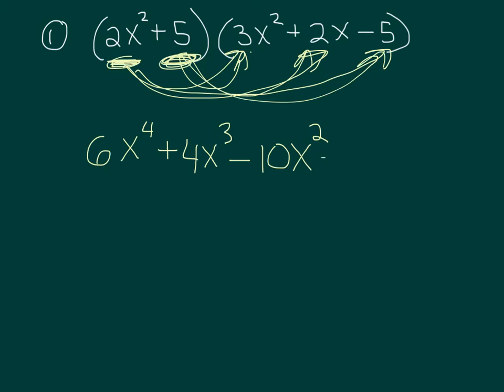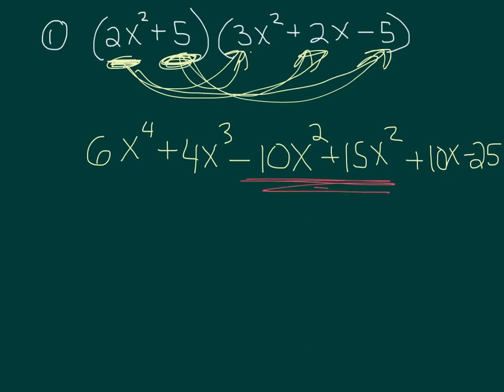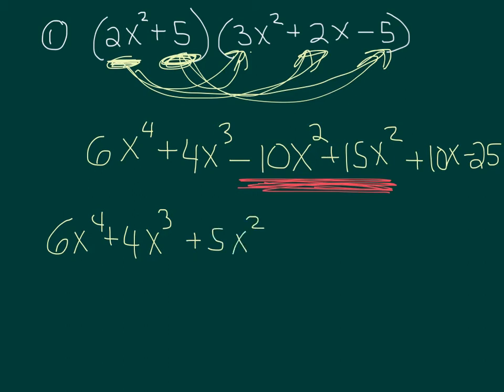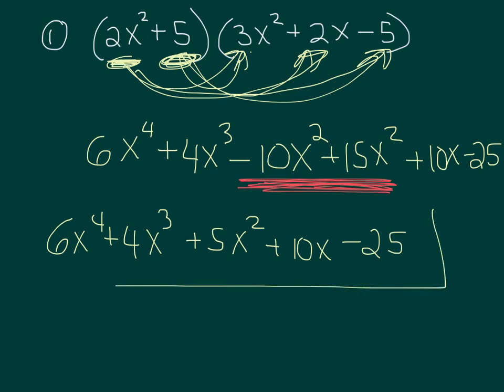So I'm going to get plus 15x squared plus 10x minus 25. Now I'm going to find all my like terms, and it looks like it's just these two right here. So I'm going to get 6x to the 4th plus 4x cubed plus 5x squared plus 10x minus 25. And it's okay that it's this long, right? I look at it, I can't combine these anymore, so I'm done.